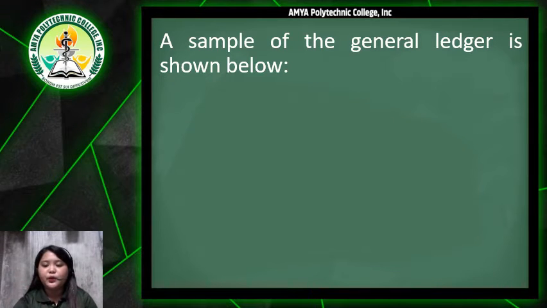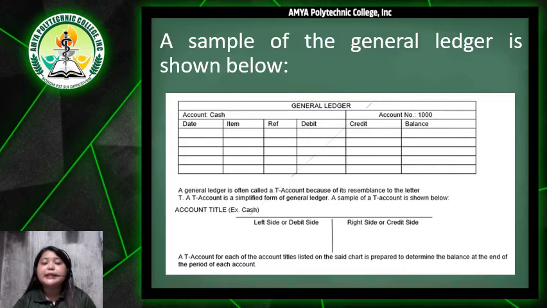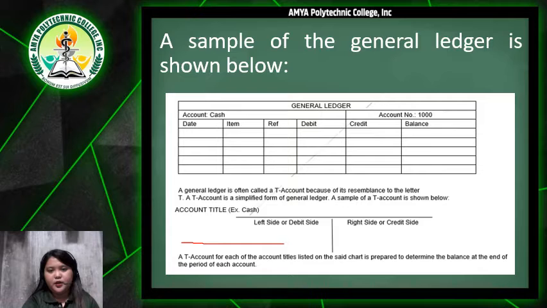A general ledger is often called a T account because of its resemblance to the letter T. A T account is a simplified form of the general ledger. A sample of a T account is shown here.